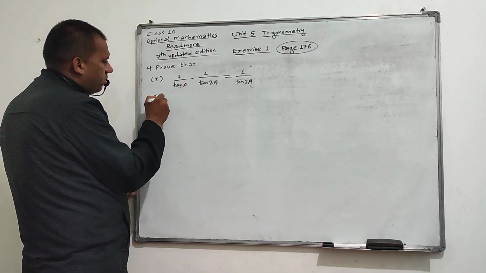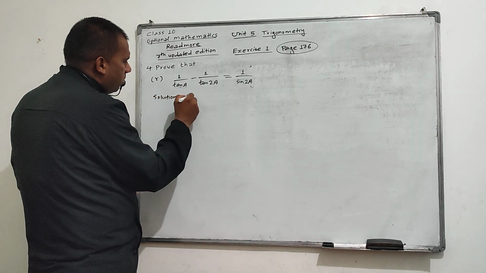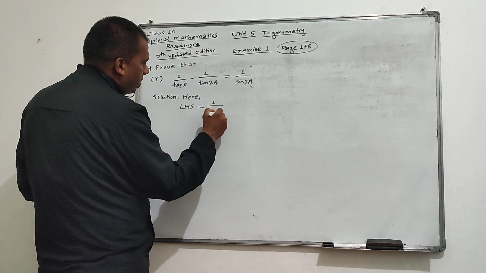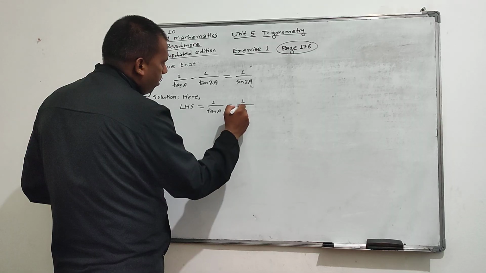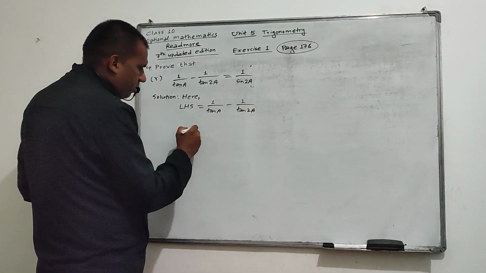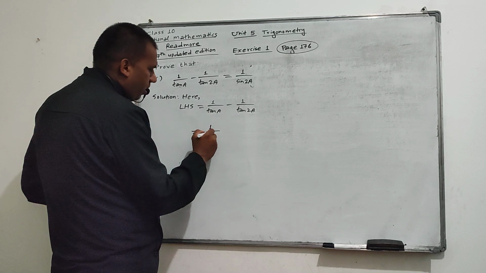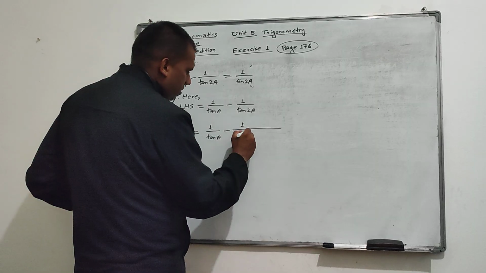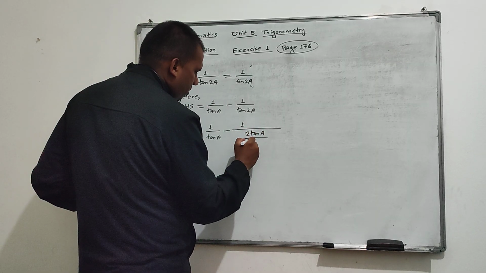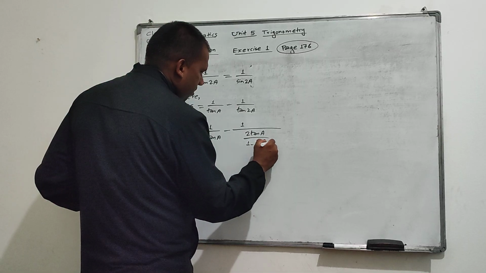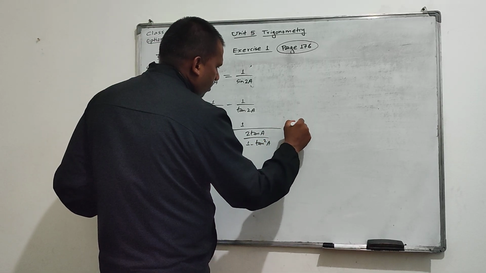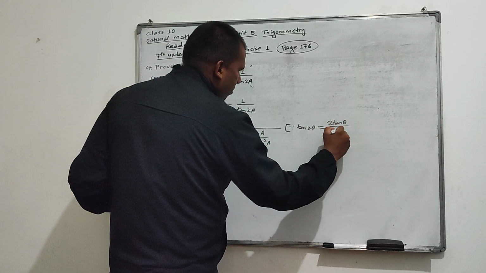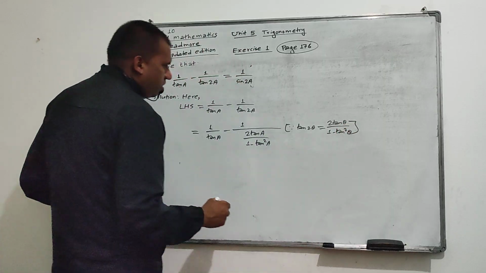Now in solution here, LHS equals 1 upon tan a minus 1 by tan 2a. This equals 1 by tan a minus 1 by tan 2a, that is 2 tan a upon 1 minus tan square a, because tan 2 theta equals 2 tan theta upon 1 minus tan square theta by this formula.